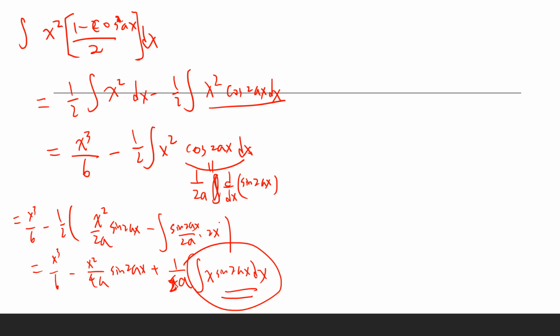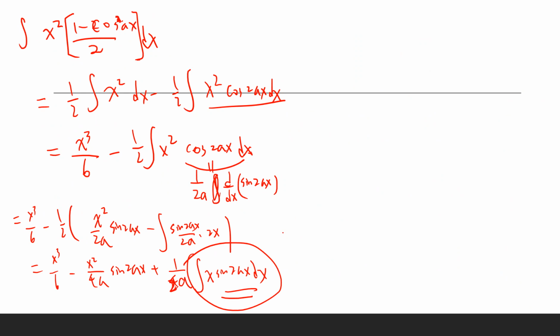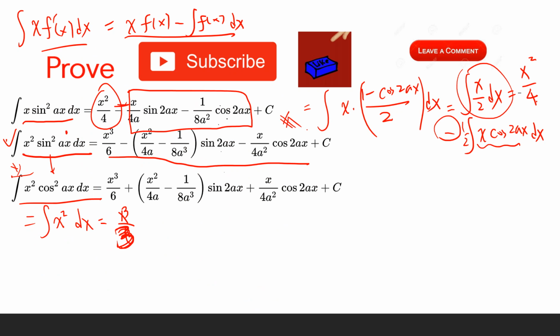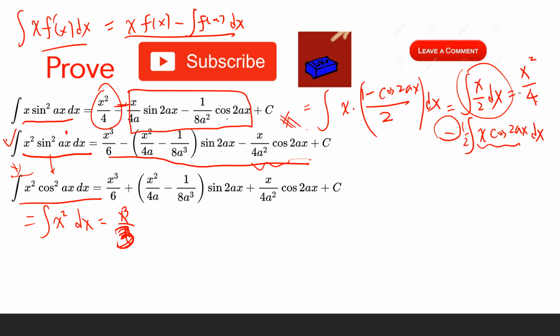Then we use the formula we have already proved, x times sine ax, and change a to 2a, and plug it in. After carefully checking one by one and combining these three terms, you will get exactly this one.